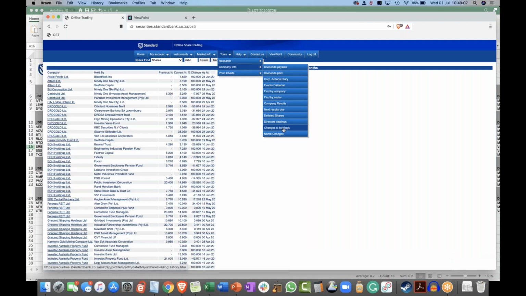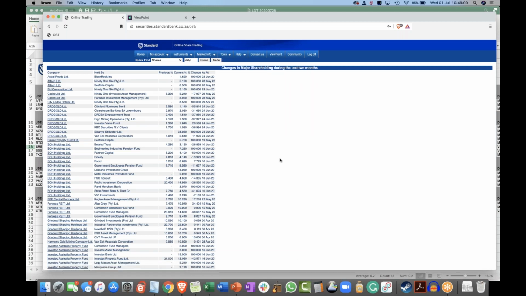Changes to holdings. So this is a fun page. Companies announcing the purchase of particular shares. Now, there's rules that typically, if you cross 5% and then every 5% thereafter. But in many cases, particularly here, for example, DRD, they're notifying for what are in many cases quite small amounts. Although we do see there's the 24 June, Sibanye Stillwater. So what we've got here is just saying, hey, what's happening?